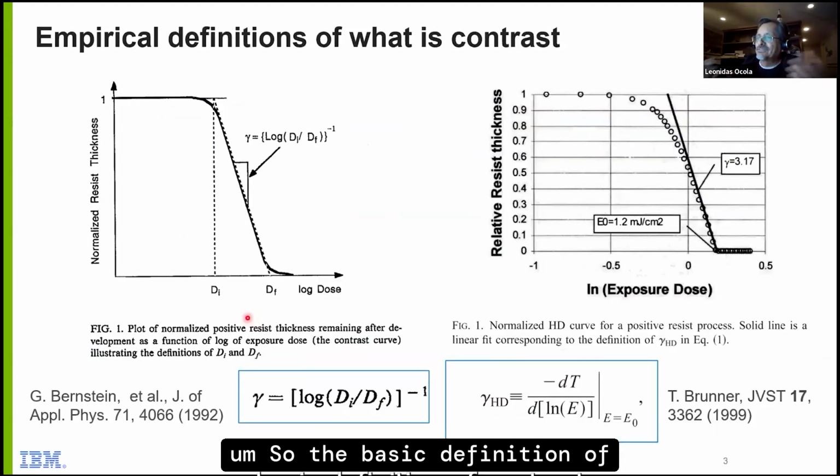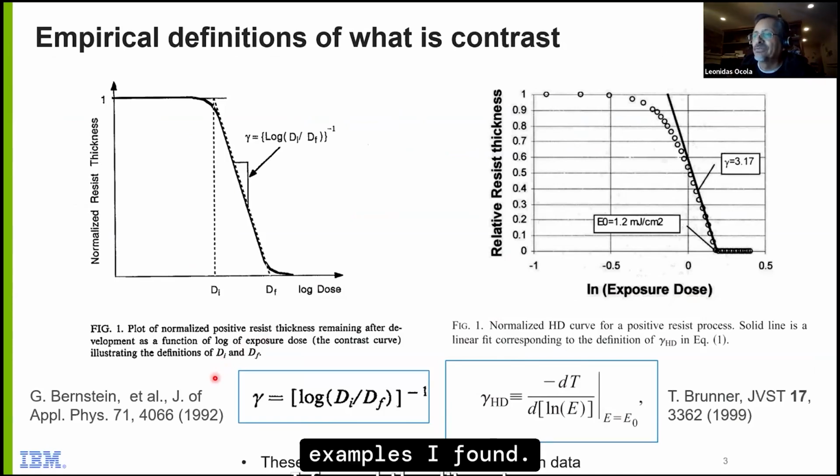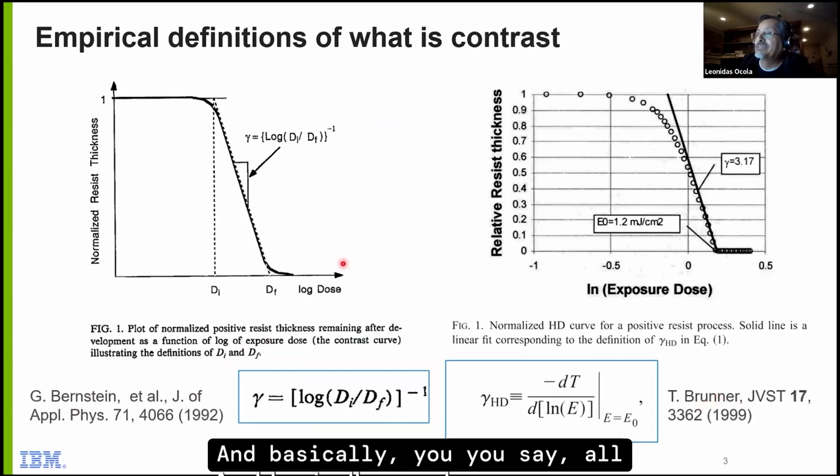So the basic definition of contrast. You can look at the literature and go back. These are the two classic examples I found, one by Gary Bernstein and one by Mr. Brunner. Basically, you say, all right, we're going to try to get the slope out of the curve.